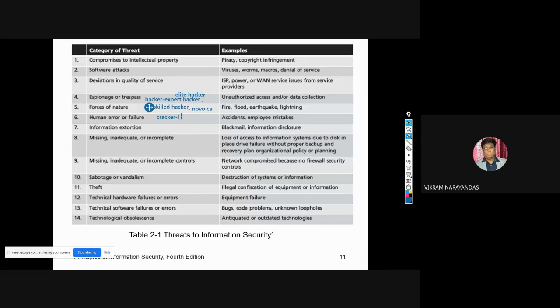Okay. Next, another term is the phreaker. Who is a phreaker? Just now, one person told that a phreaker hacks the public telephone network to make free calls.